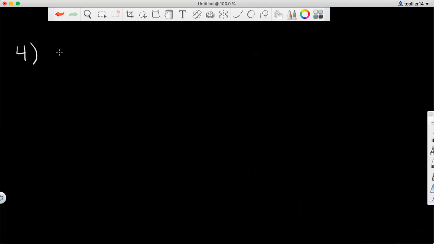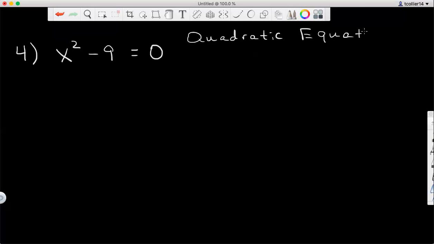Number 4 is x squared minus 9 equals 0. So this is going to be a quadratic equation just like the last one because the highest exponent is 2. And what I can do with this one is, because this is a square and this is a square, I can say that this can be factored by difference of squares.